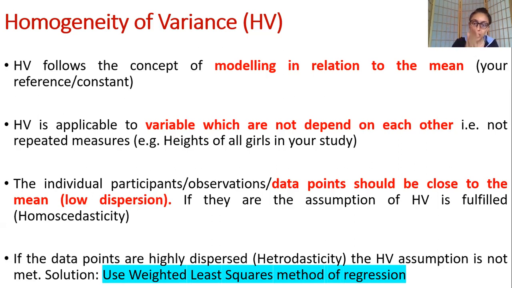Okay. So, yep, then you have the individual participant observations or data points. Now I'm talking about those red dots, which you saw in that graph, which were across that line. The individual data points should be close to the mean, meaning your central line, your constant, and all of those names. Which means you have low dispersion.